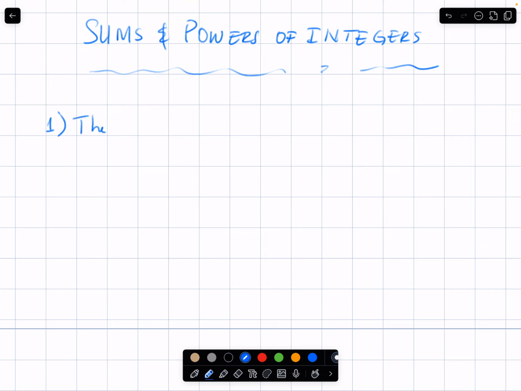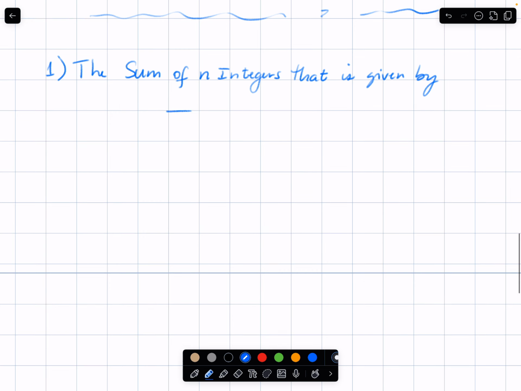So let's start with the sum of some n integers that are given by the following property that we have to memorize, right?